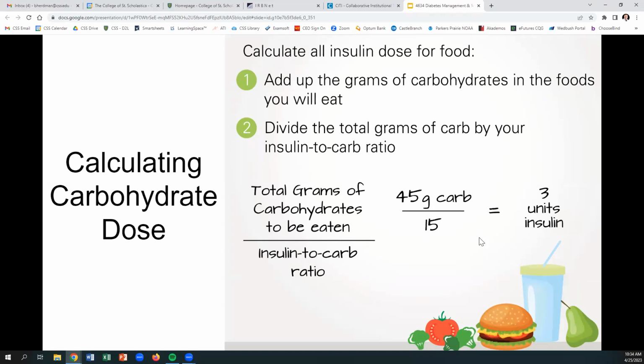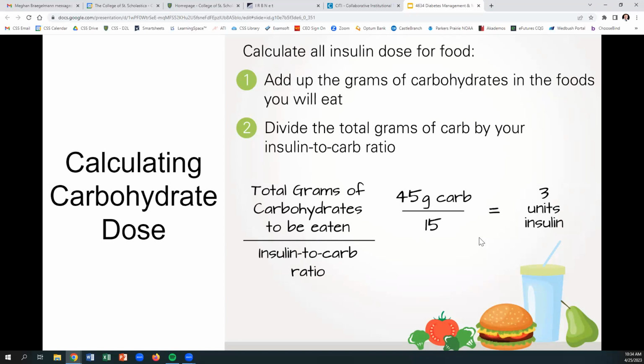We always round down. So let's go the other way around. Let's pretend this patient ate 55 grams of carbohydrate. We take that 55 grams of carbohydrate, we divide it by 15, and that's going to give us 3.66666. So in the normal math world, we would want to round up, right?